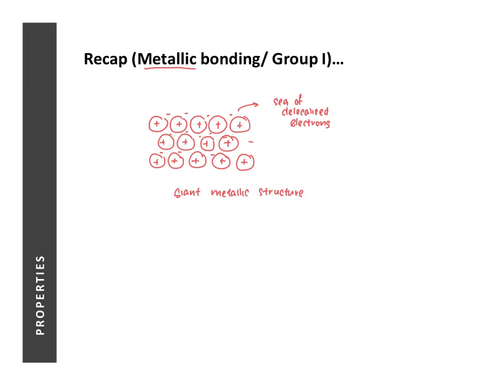Remember, in science, opposite charges attract. So there is an attraction between the negative and positive charges. This attraction between plus and minus, we have learned previously, is known as electrostatic forces of attraction.